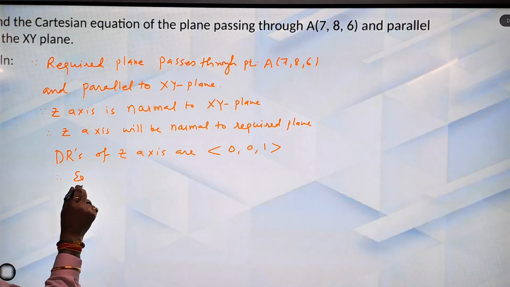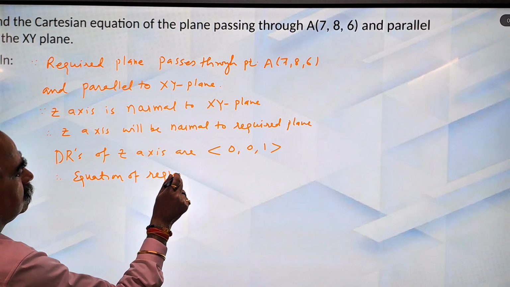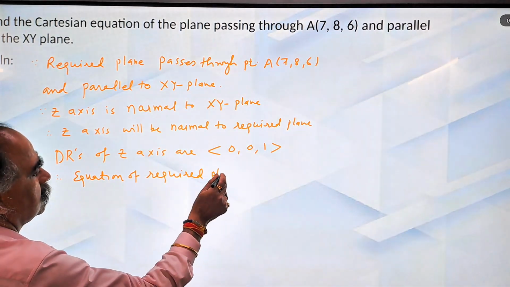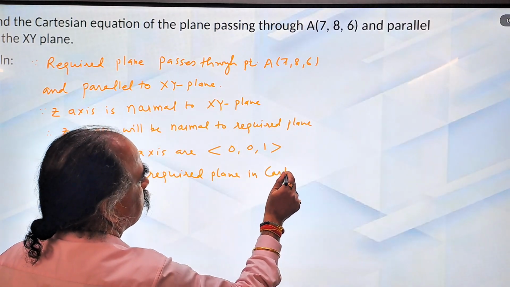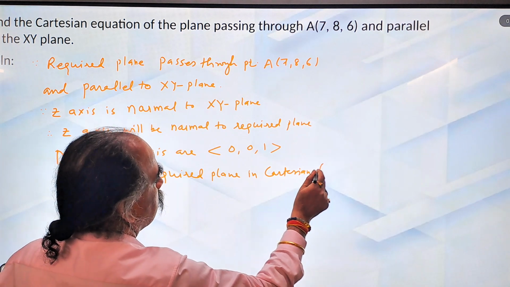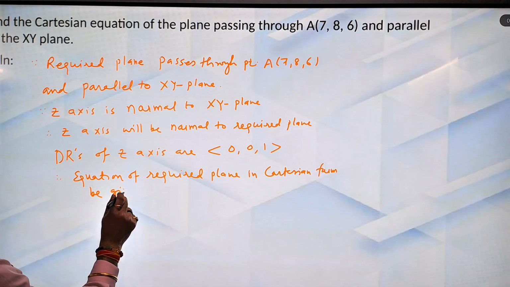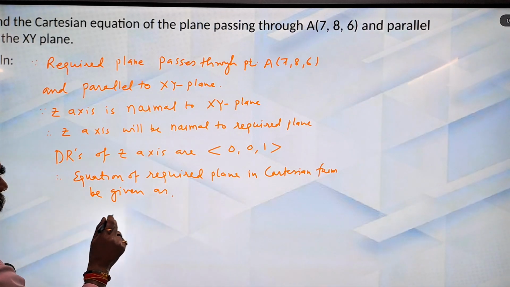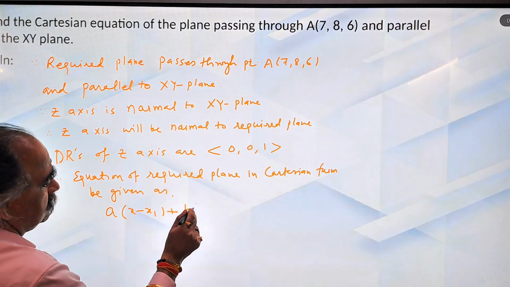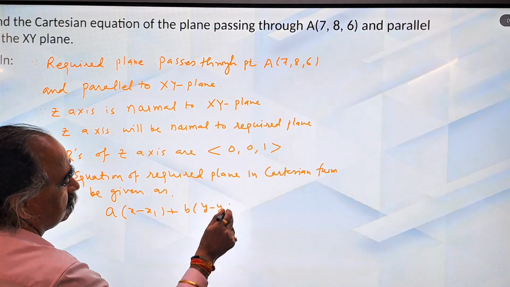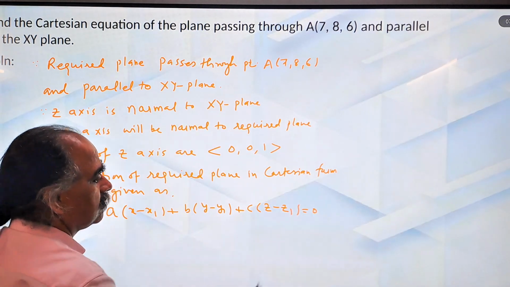Therefore, equation of required plane in Cartesian form be given as a into x minus x1 plus b into y minus y1 plus c into z minus z1 is equal to 0.